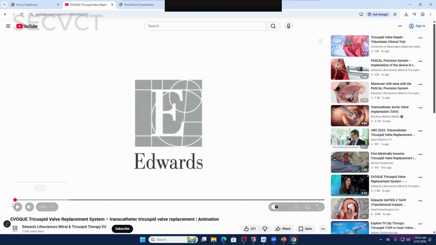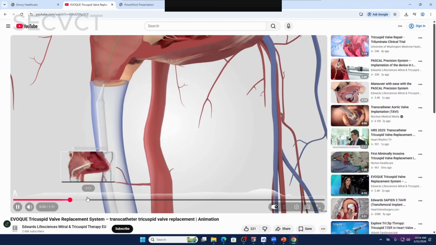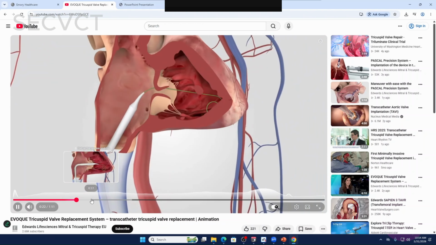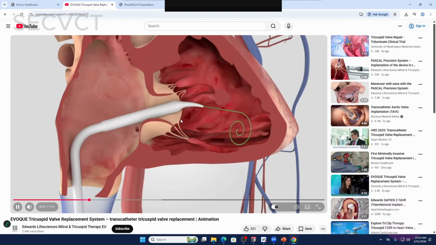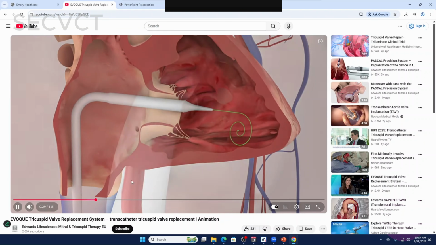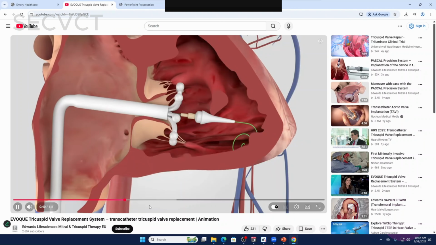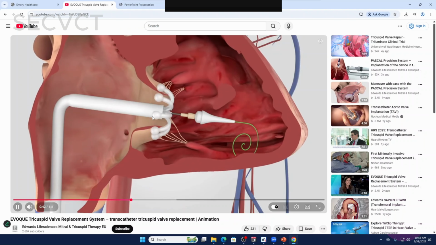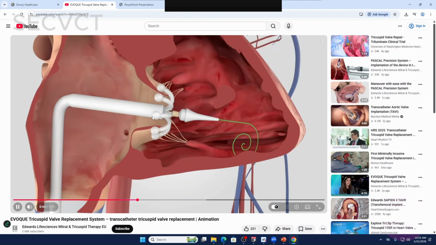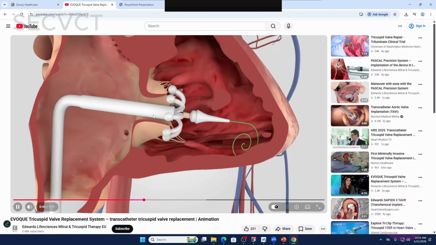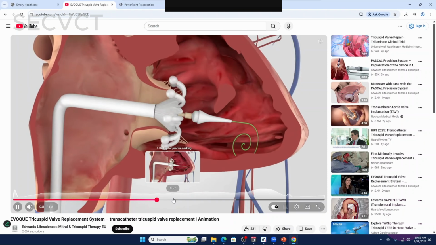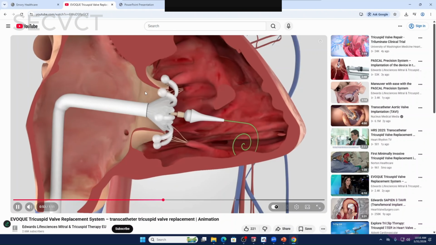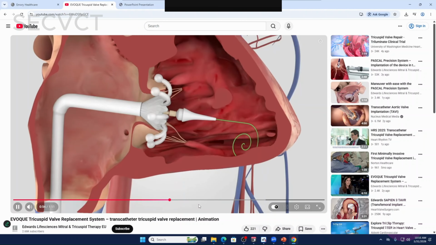This is a quick 1-minute thing just to orient you guys on how it works. Basically, you go transfemoral through the vein, and you go up into the right atrium. The delivery catheter sheath will cross the tricuspid valve. I'll fast forward here. Then there are these 9 little anchor points that will basically hook on or grab onto the leaflets. That is what creates a dock for a valve that is then going to expand and eventually get deployed on the inside here.